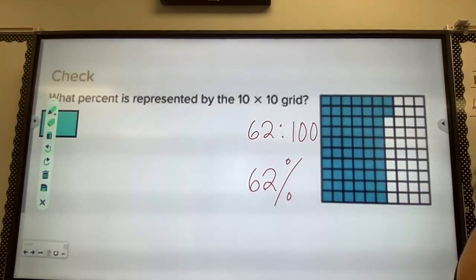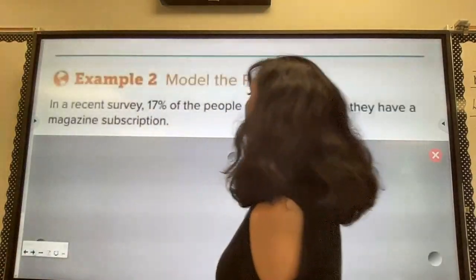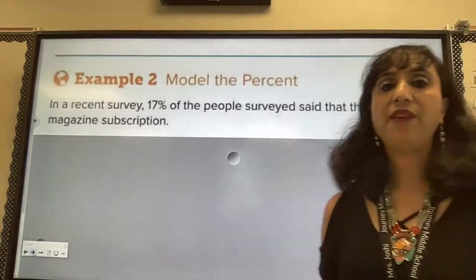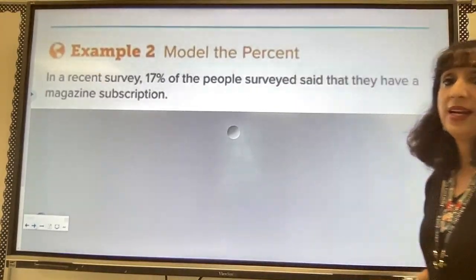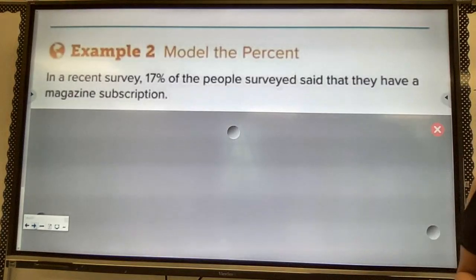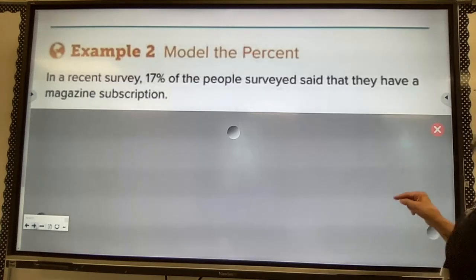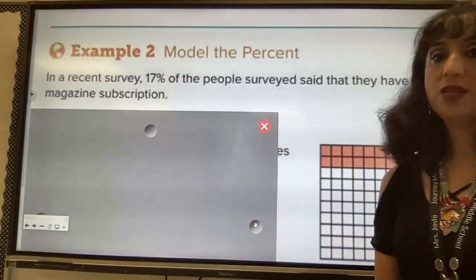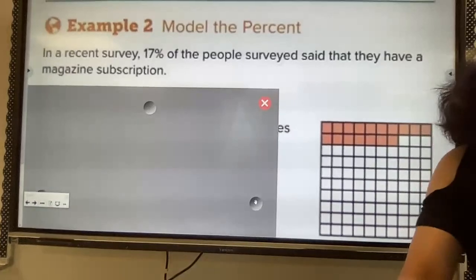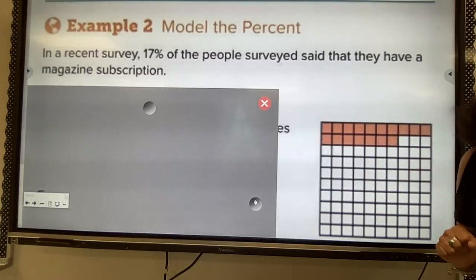So let's do one in which, in a recent survey, 17% of the people surveyed said that they have a magazine subscription. We are going to shade the 10 by 10 grid to model 17%. I just want to show that to you. All I've done is draw a 10 by 10 grid, which is 100.